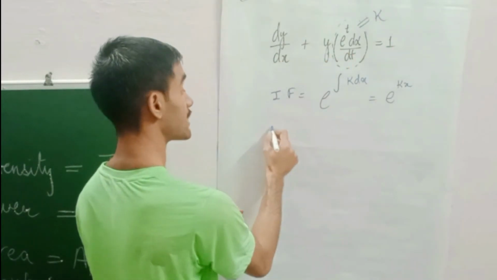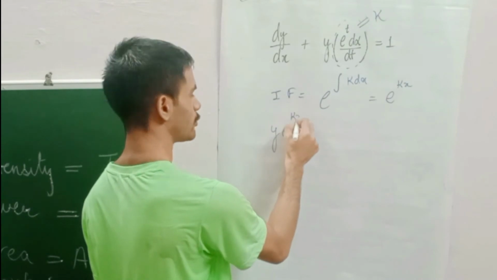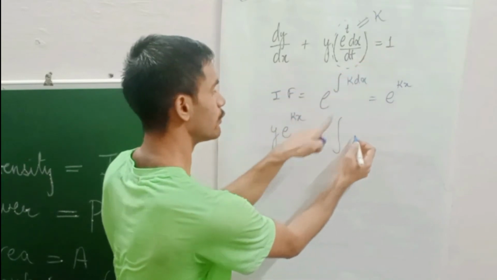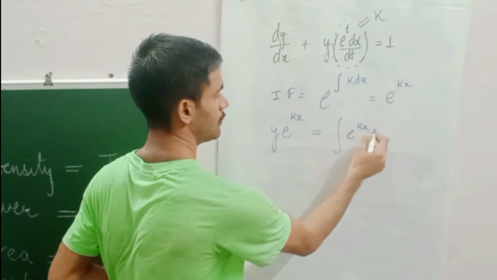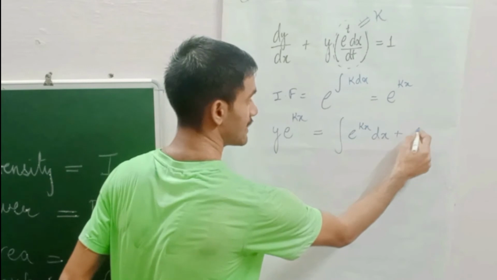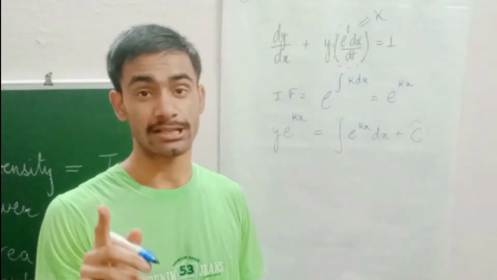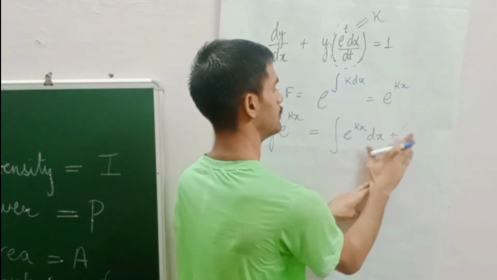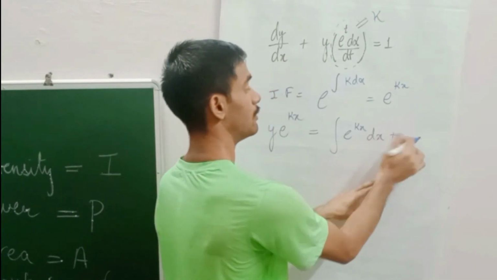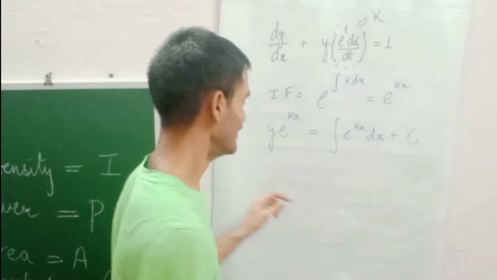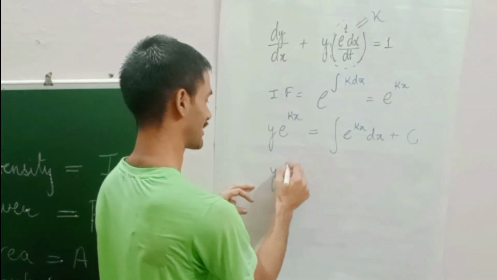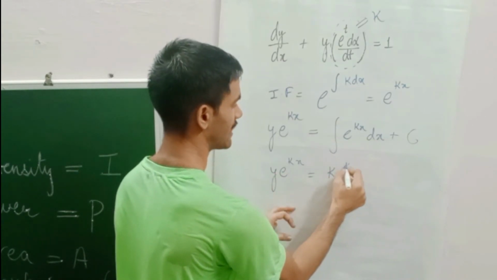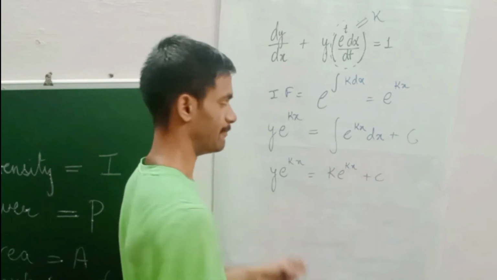So e power of kx, now y into e power of kx equals the integration of 1 into e power of kx into dx, plus c. As it is satisfying 0 comma 0, y e power kx equals the integration of this, that is k e to the power of kx, plus c.